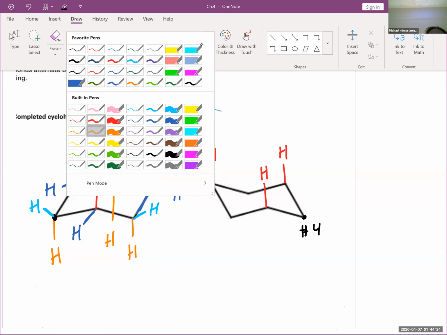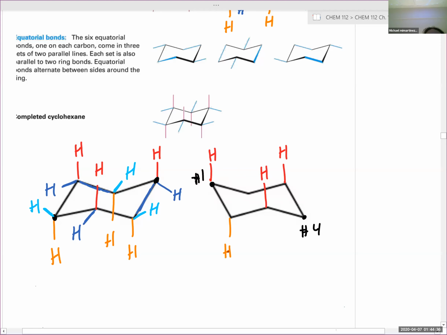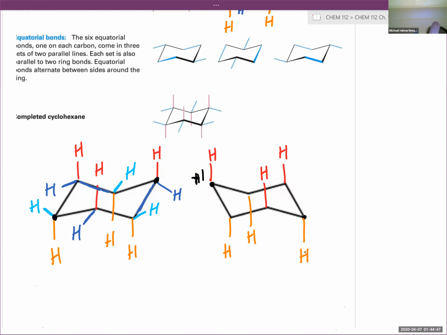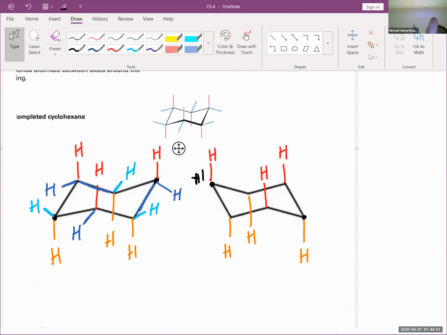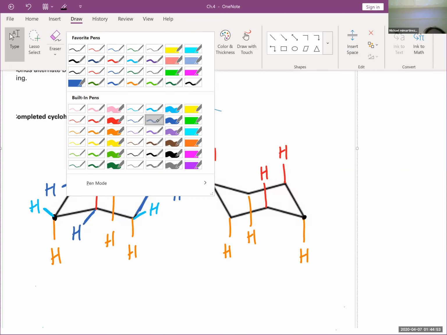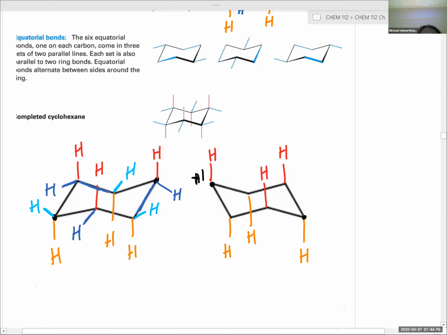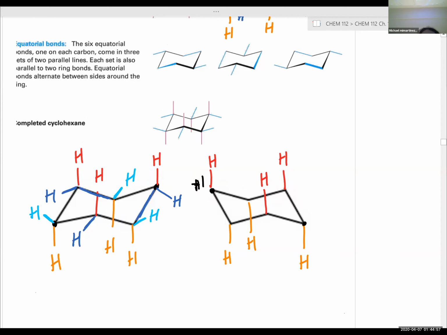Then we place our axial pointing down hydrogens on our alternate carbons. Then we fill in our equatorial hydrogens.